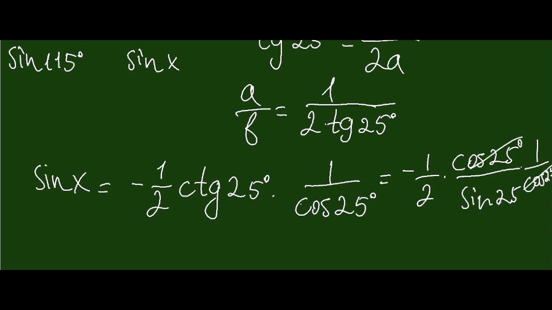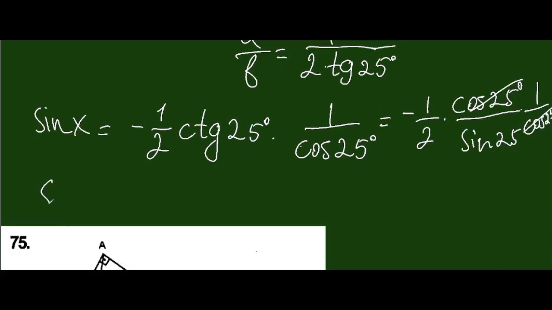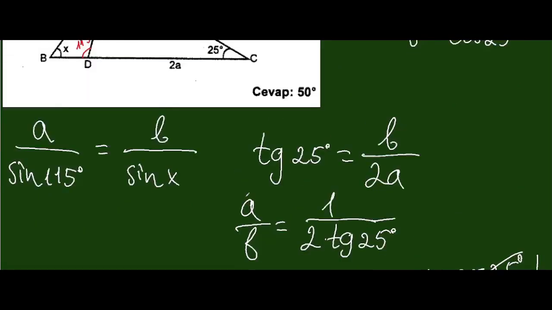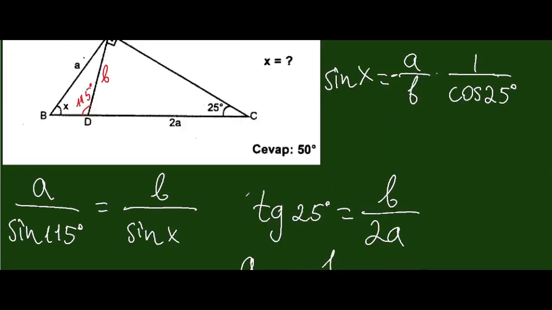And we can cancel here and get that sine x will be equal to minus 1 over 2 sine 25 degrees. And if I was not mistaken, it will be such.